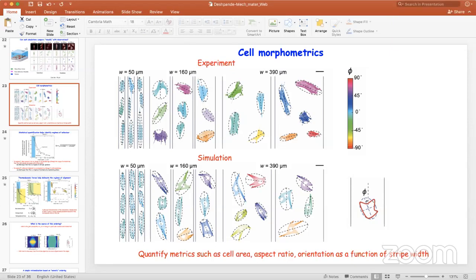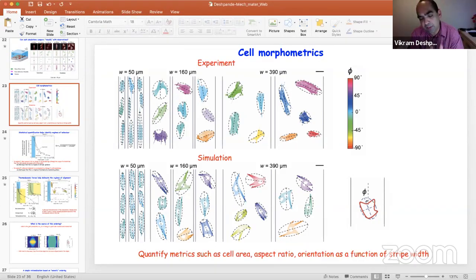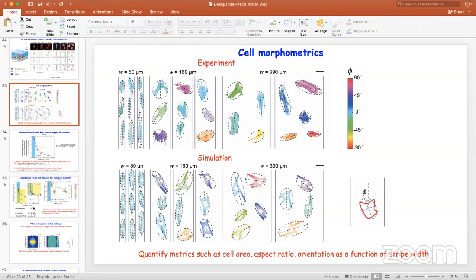Every simulation and experiment that I've shown is for a single cell. The seeding density of the cells on the substrate was so low that the cells would never interact with each other. Okay, thank you. That was not clear when I was listening.